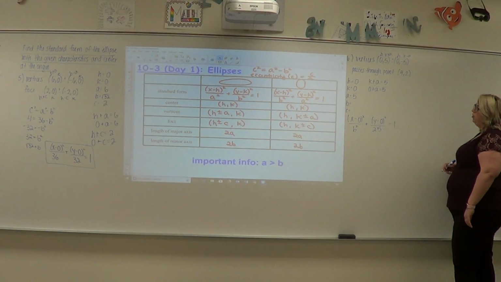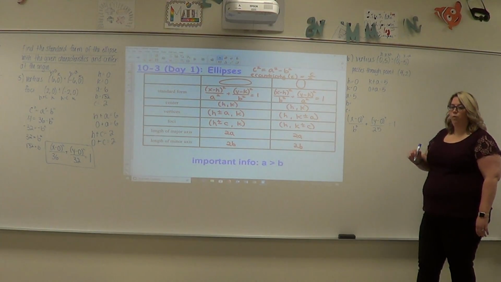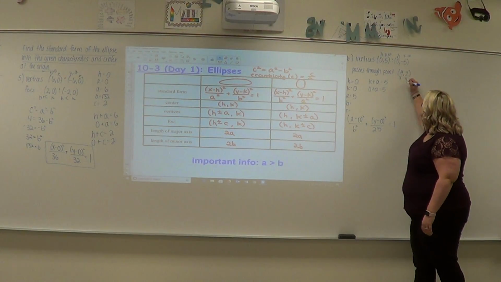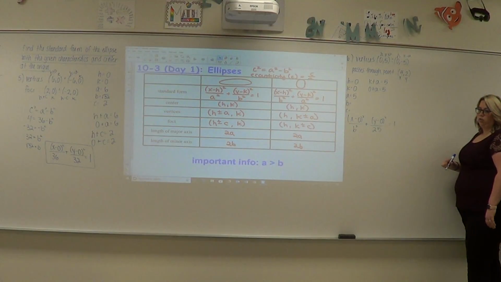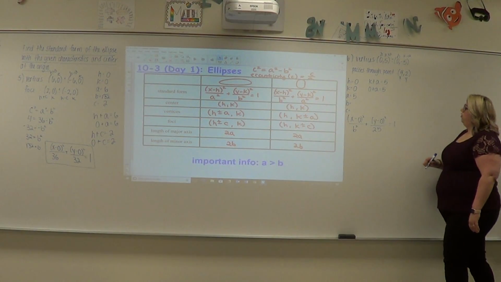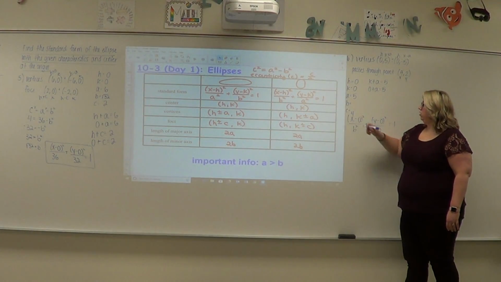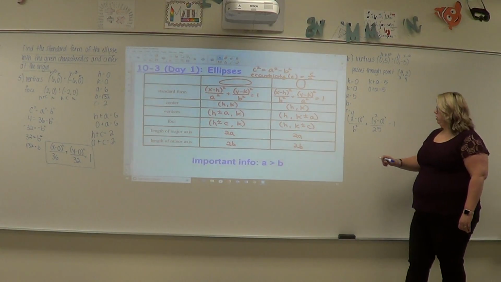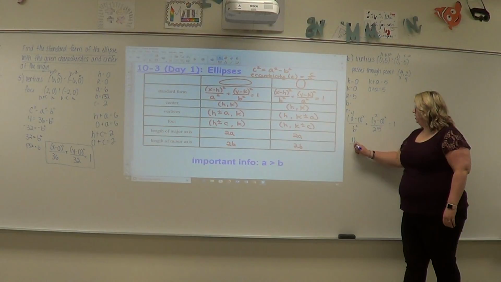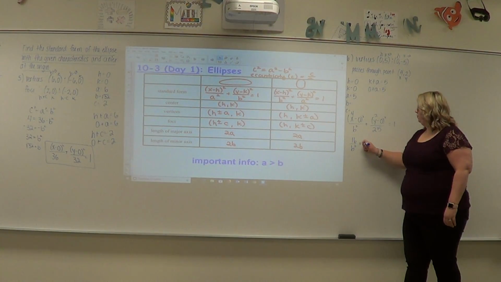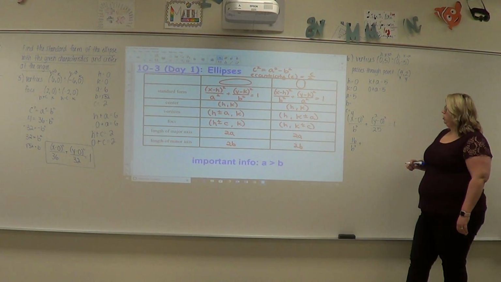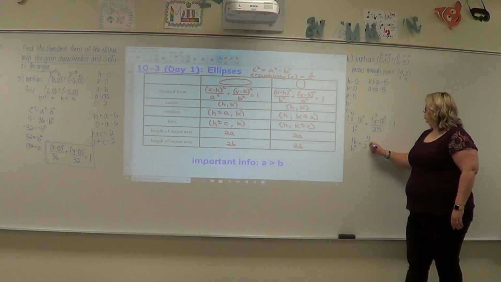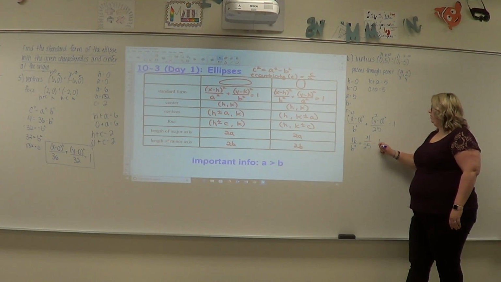It passes through the point 4, 2. So we're going to put this in for x and this in for y, and that'll give us our B. So 4 minus 0 is 4. What's 4 squared? 16. So this is 16 over B squared. 2 minus 0 is 2. What's 2 squared? 4. 4 over 25 is 1.